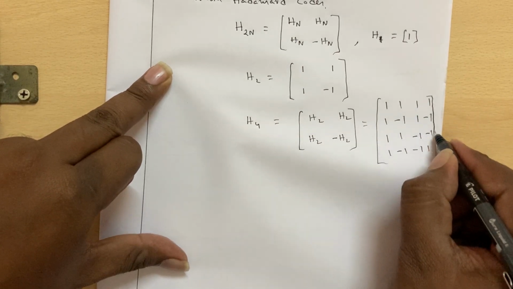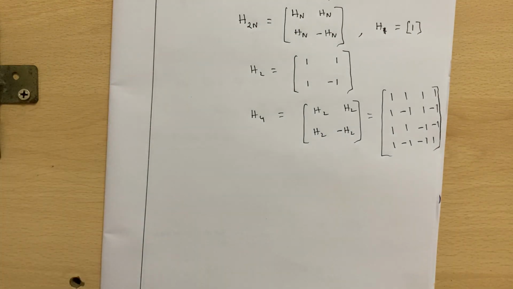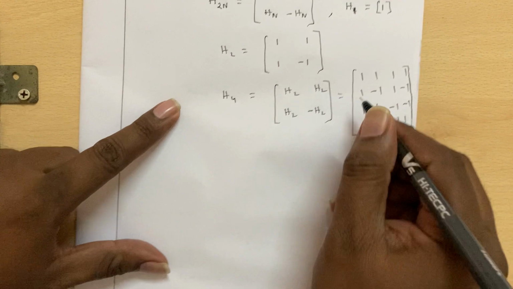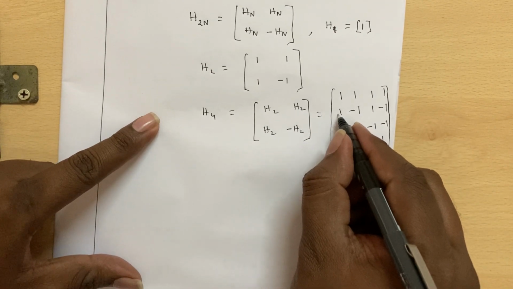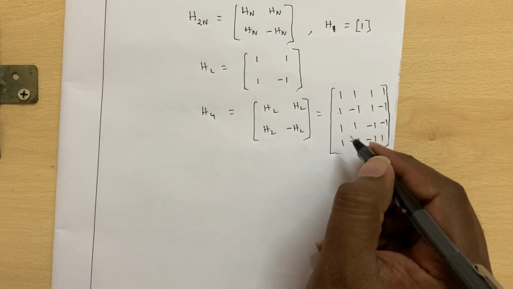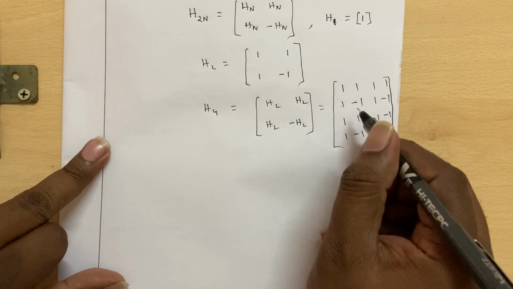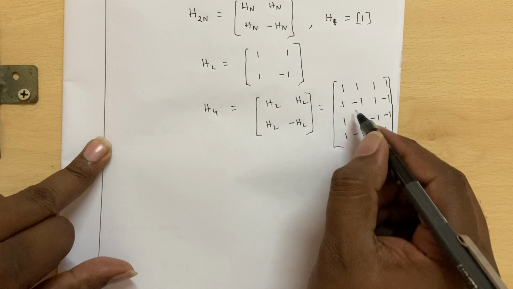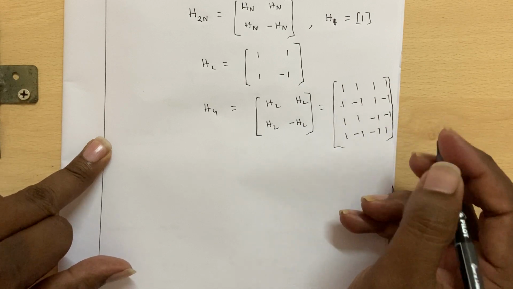Each row of the Walsh-Hadamard matrix is an orthogonal code. If you evaluate the dot product between the rows, you will find the value 0, and the dot product with itself, you will find the value 1.